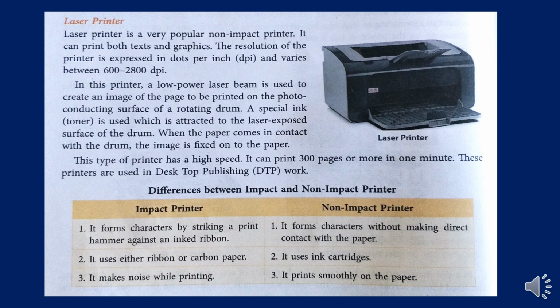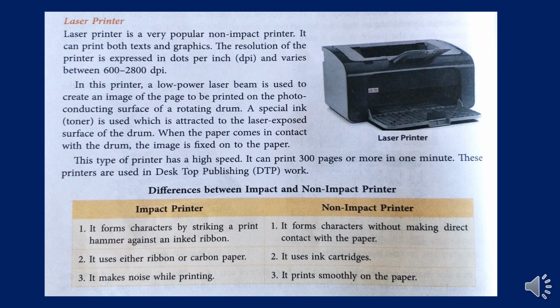Now let us talk about the difference between impact and non-impact printers. An impact printer forms characters by striking a print hammer against an inked ribbon, whereas a non-impact printer forms characters without making direct contact with the paper.